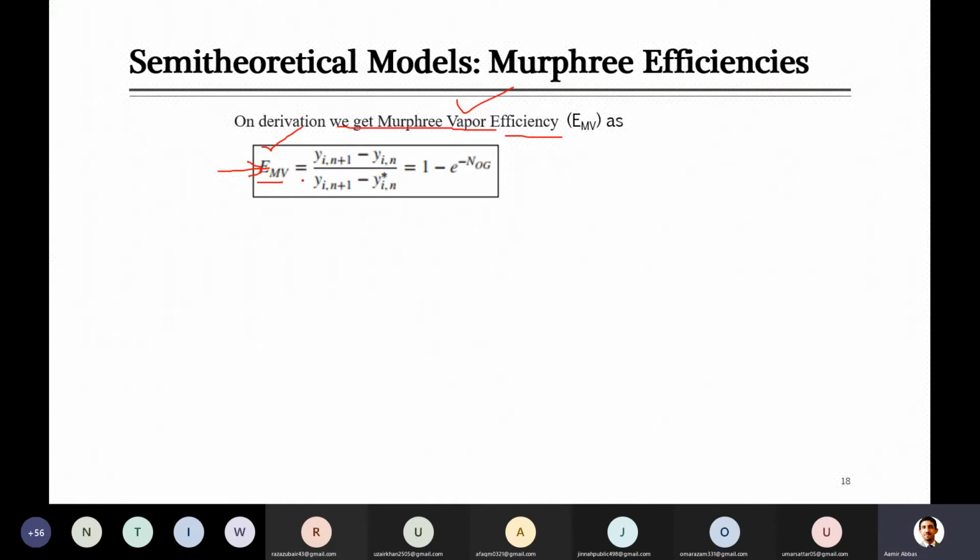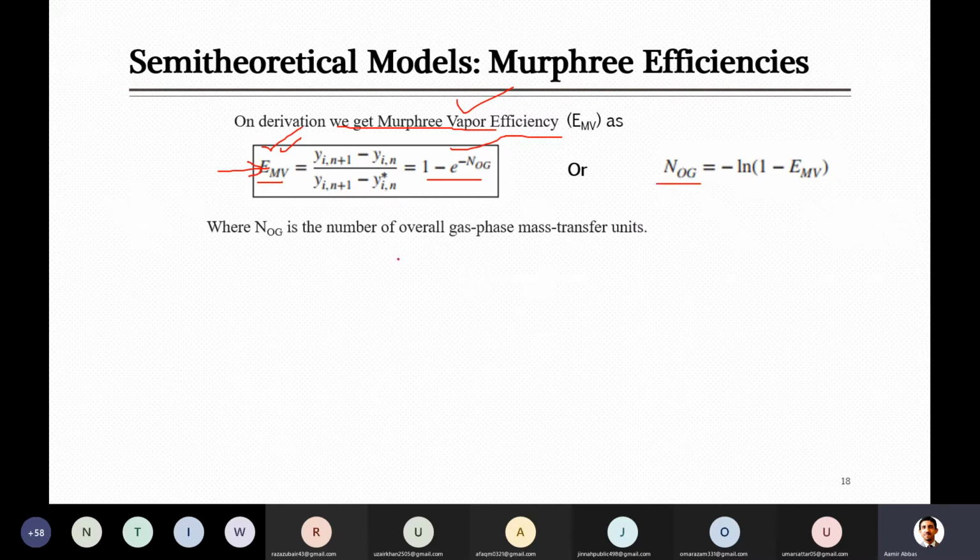Most of the time we were discussing the efficiency of all trays throughout the column, but with this method you get the efficiency of one tray, and after derivation you reach something like 1 minus e raised to the power minus NOG, or you can just rearrange it and you will get this part of the equation.